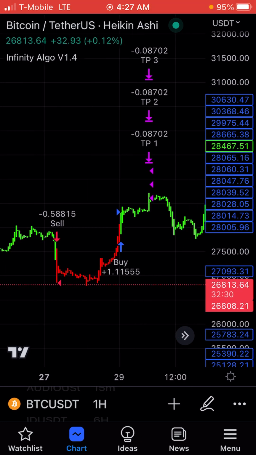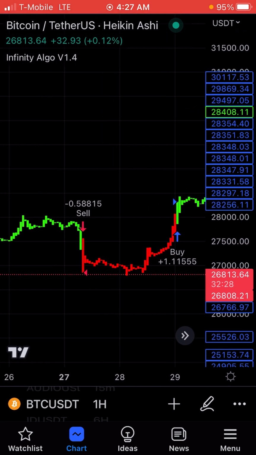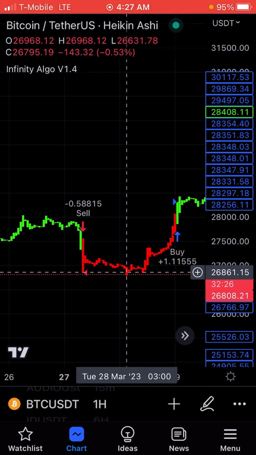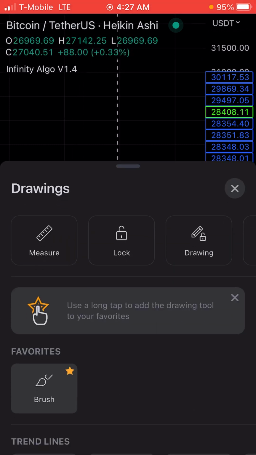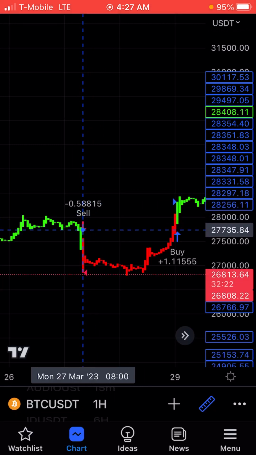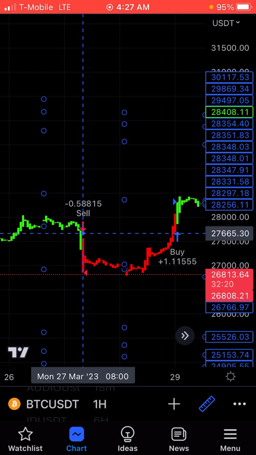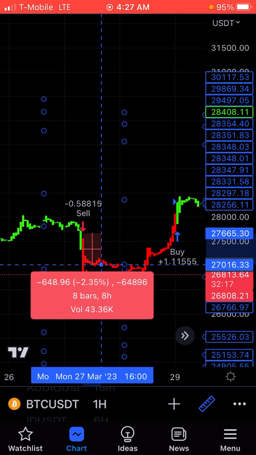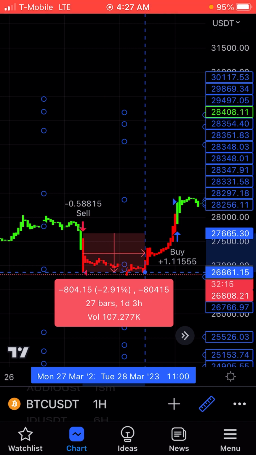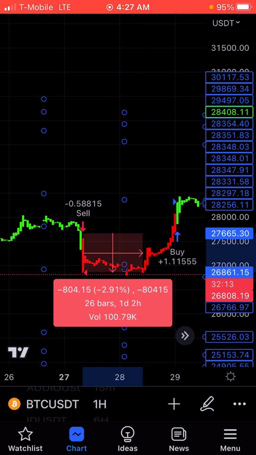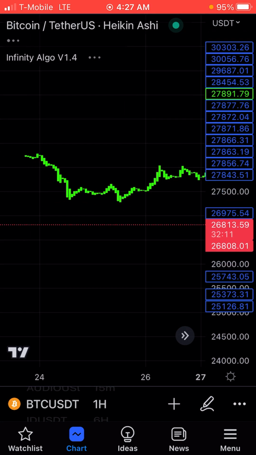And then you have a sell indicator right here. It doesn't say any take profit zone, but it does tell you to do a short right here. So you go from here to here, and that is almost a 3% gain if you follow that.